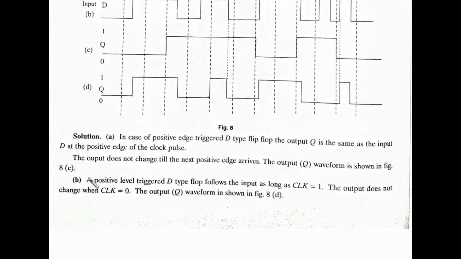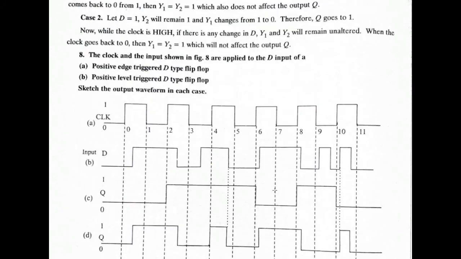In B, the positive level triggered D type flip-flop follows the input as long as clock equals 1. The output does not change when clock equals 0. The output Q waveform is shown in figure 8.